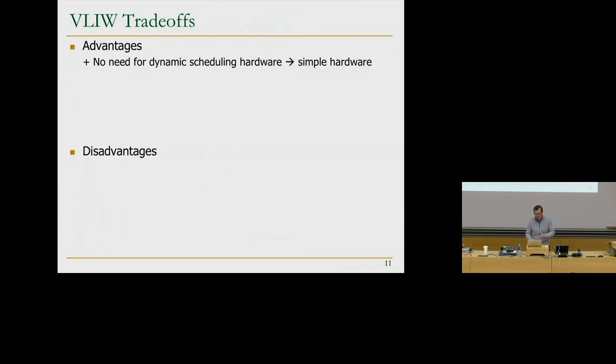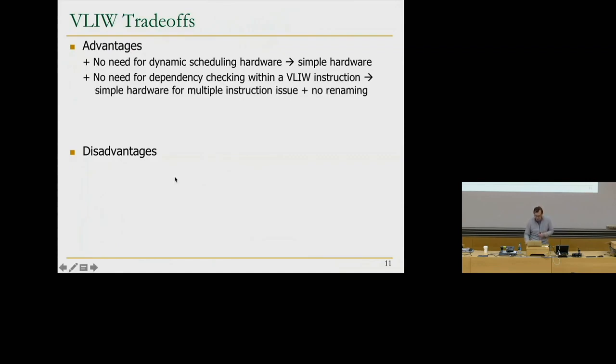Of course, we will see that that's not the case when we talk about disadvantages. There's no need for dependency checking within a VLIW instruction, so there's simple hardware for multiple instruction issue and no renaming. Essentially, this is going into a little bit more detail. You get simple hardware in the end. So what does simple hardware buy you? Quicker design times, hopefully low power consumption, hopefully a higher frequency design, if you can simplify the hardware.